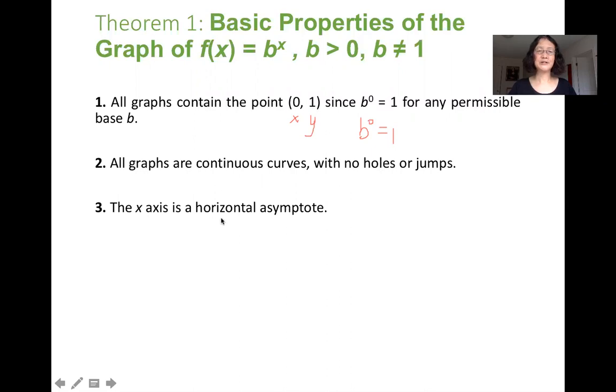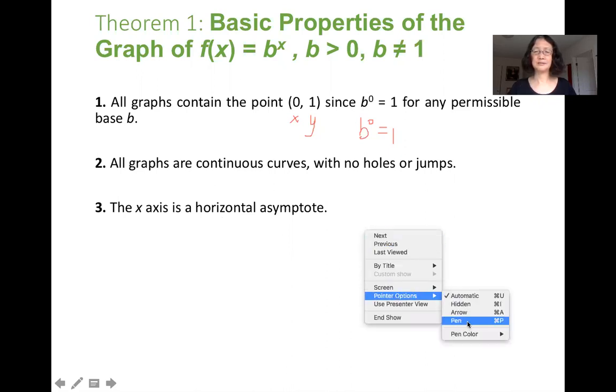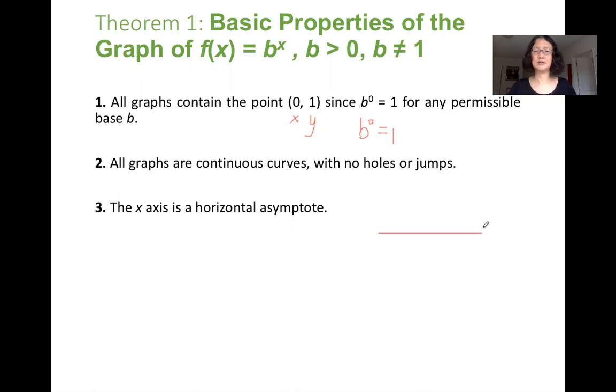The x-axis is a horizontal asymptote. Remember the graph we created is for y equal to 2 raised to power x, and we get something like this.